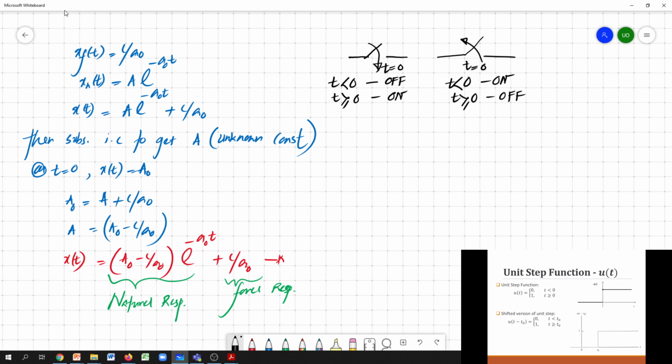So if we draw this scenario, it is something like that. This is t equals 0. This is off, and this is on. Similarly for this one, it was in on state, and once t comes to 0, this is off.